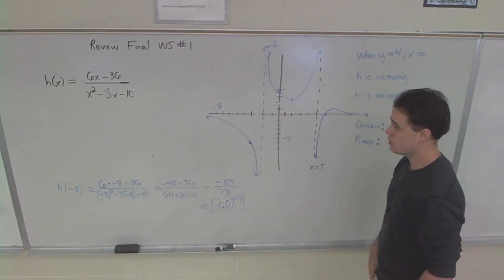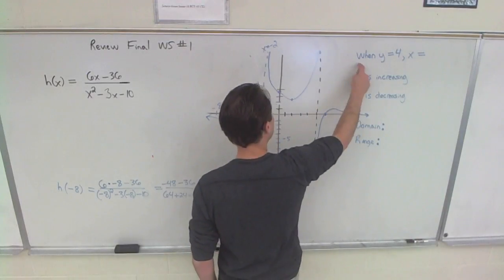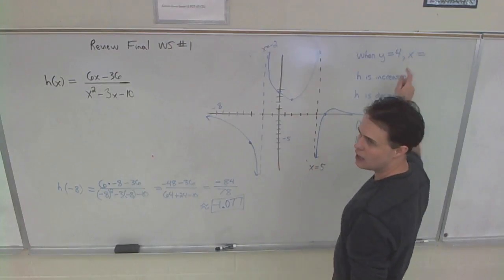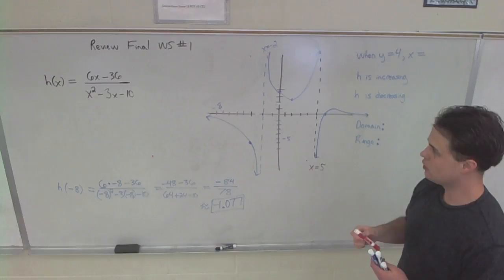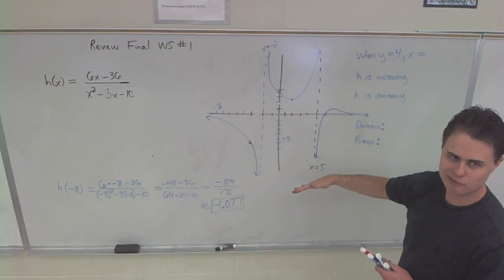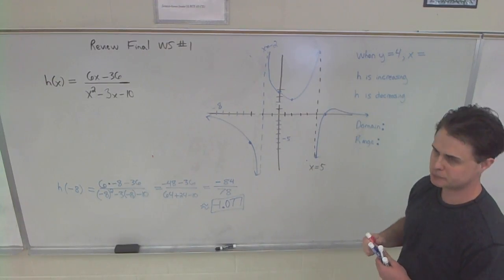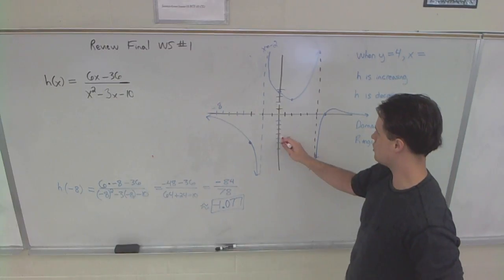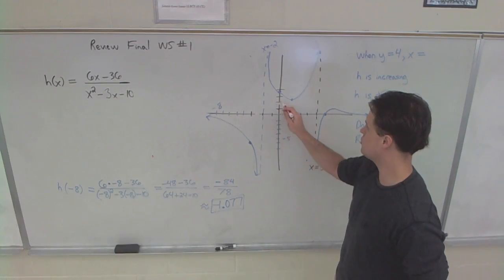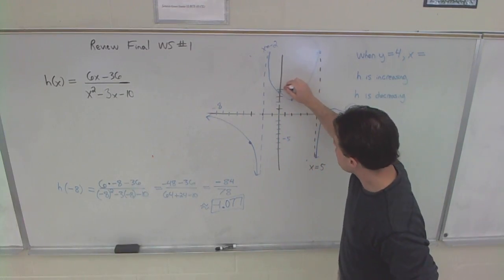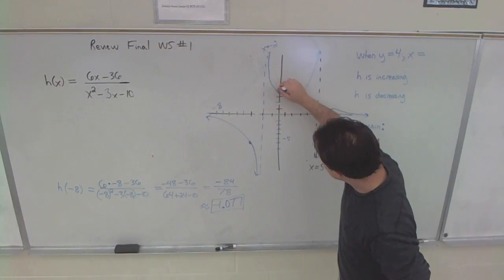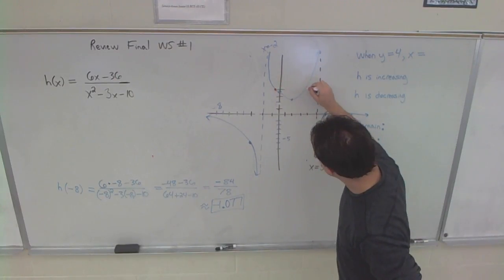So let's look at some of these other questions here. It says when y is 4, what is x? Where on the graph is y 4? Here it's negative 4, negative 3, negative 2. It's up here, right? Like there's negative 4. So you want to think about this and where the actual graph is at that. I think here or here.